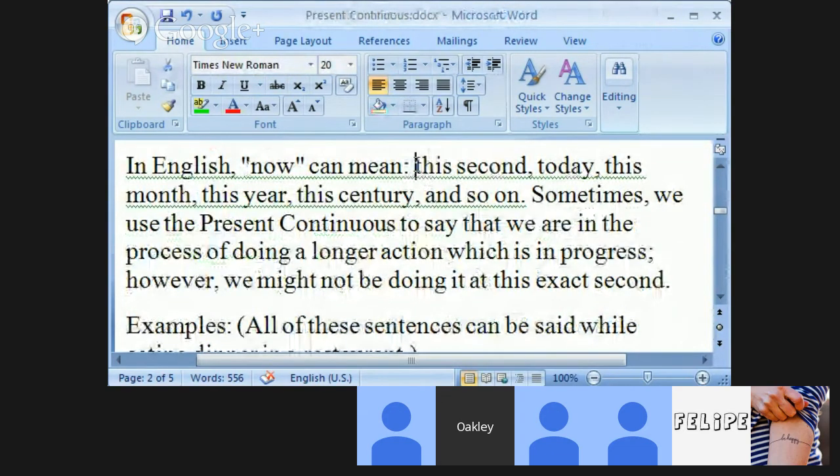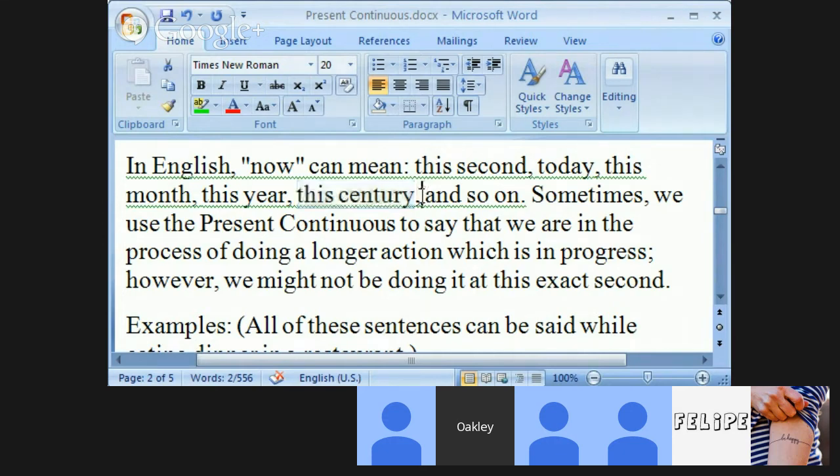It can mean this second, which we just looked at. It can mean today, this month. It can mean this year. It can mean this century. Okay. All right. Okay. The industrialization is causing many problems.